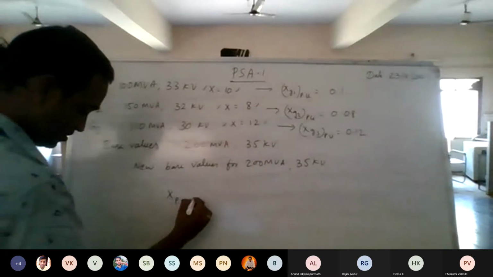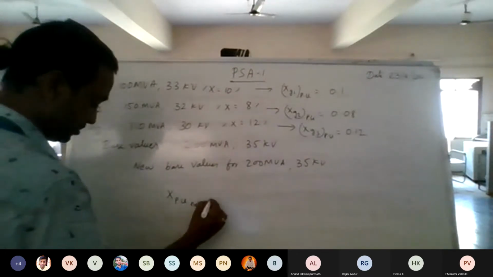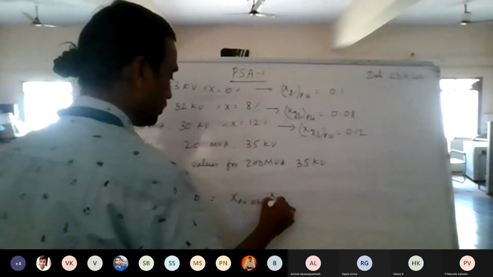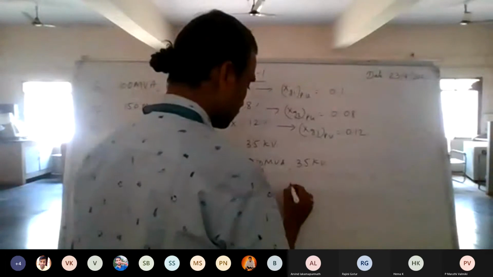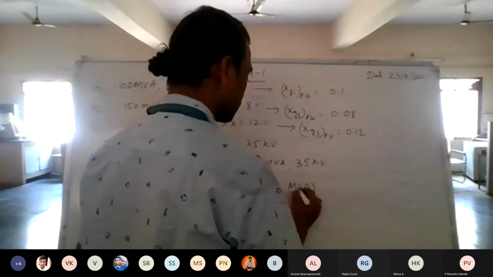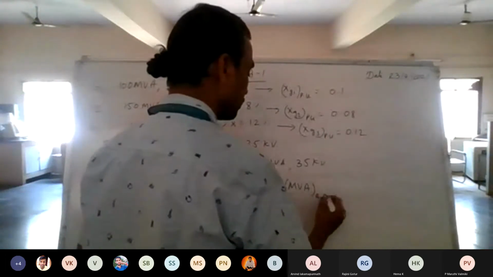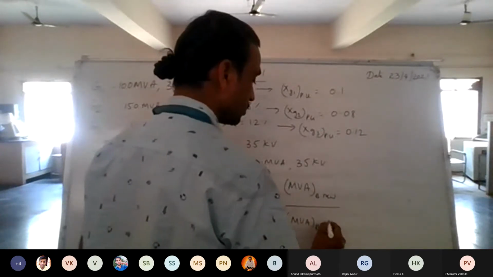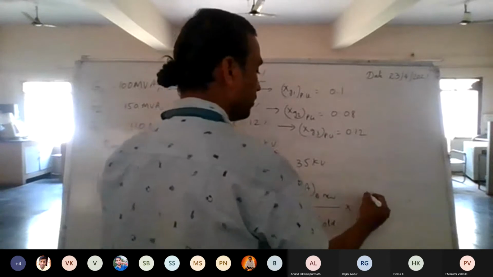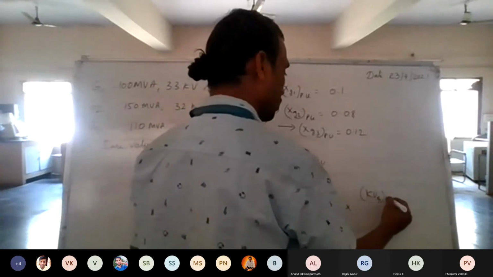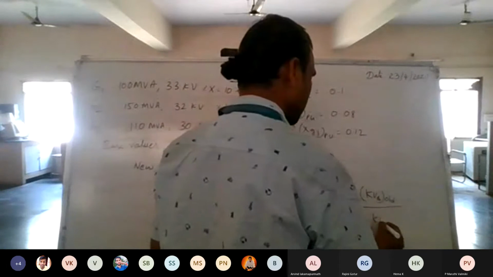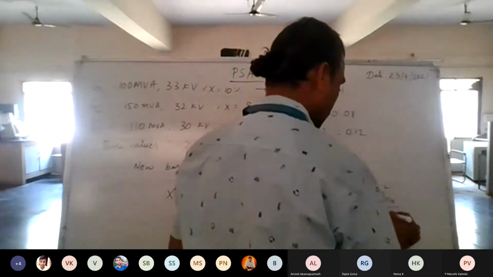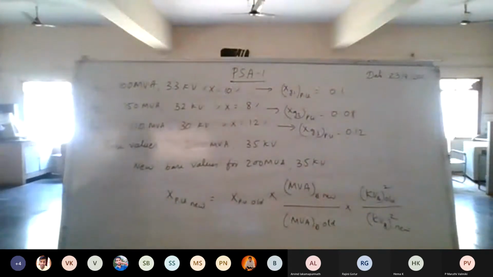X per unit new is equal to X per unit old into MVA base new divided by MVA base old, into kV base old divided by kV base new, whole squared. Correct?